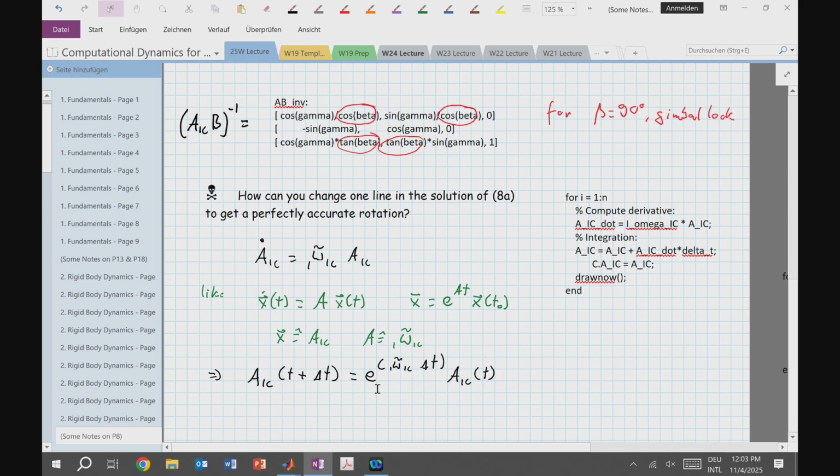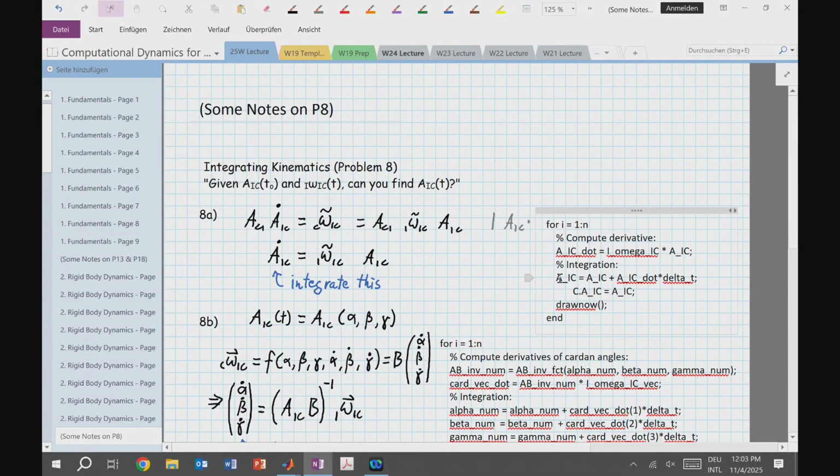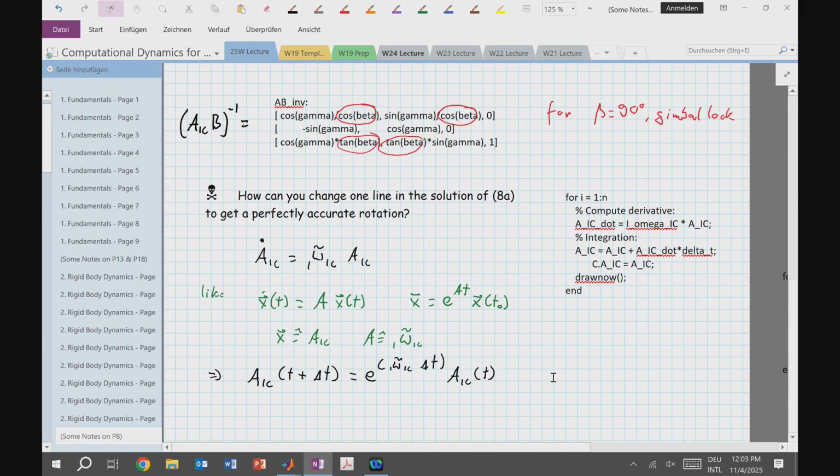And that line simply replaces this line, right? Here my stupid integration was A IC new is A IC old plus A IC dot times delta t.